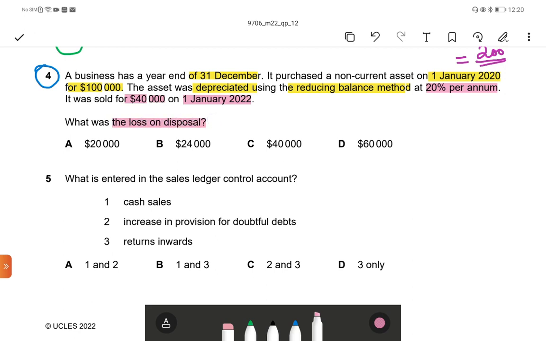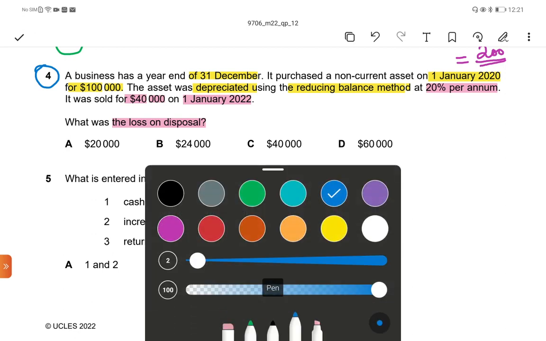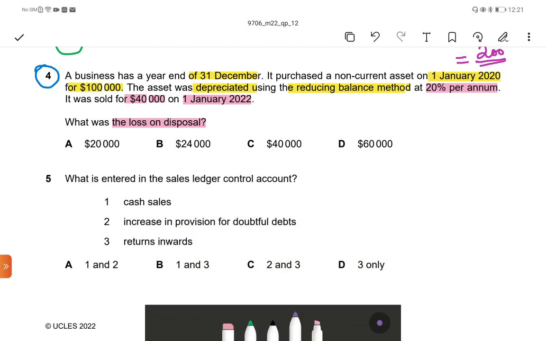So first we have to calculate the total depreciation. It was purchased on 1st January 2020, so for 2020 and 2021, 2 years of depreciation we have to calculate.